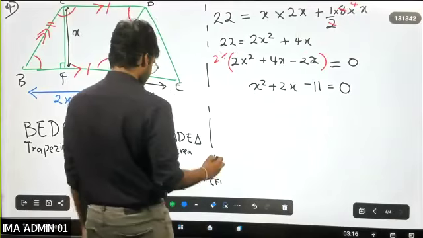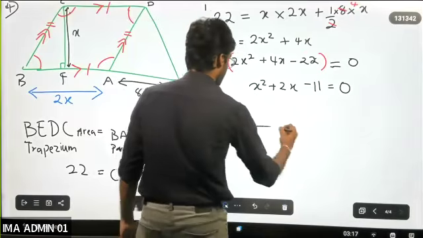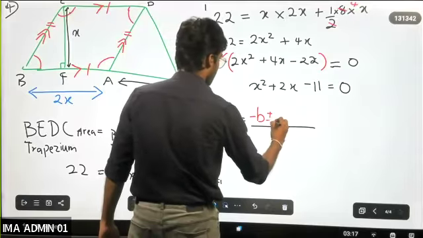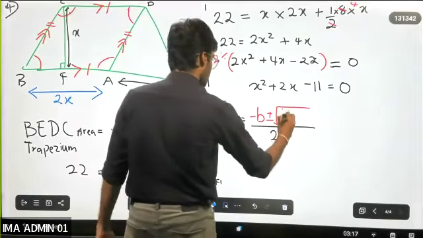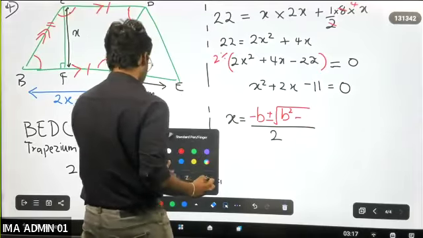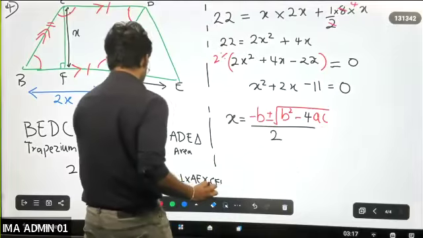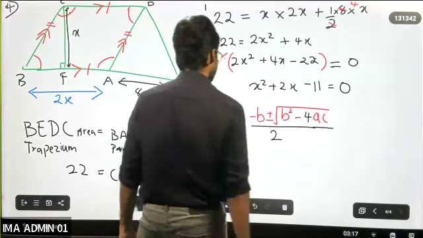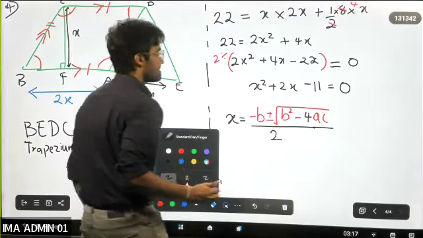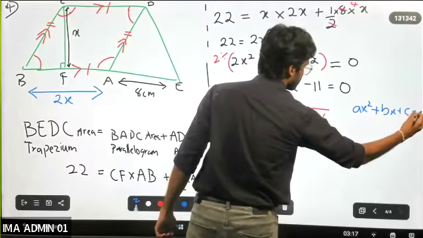What does our formula give? x is equal to... this is our equation, right? Then for this equation, the common general form is ax squared plus bx plus c equals 0.